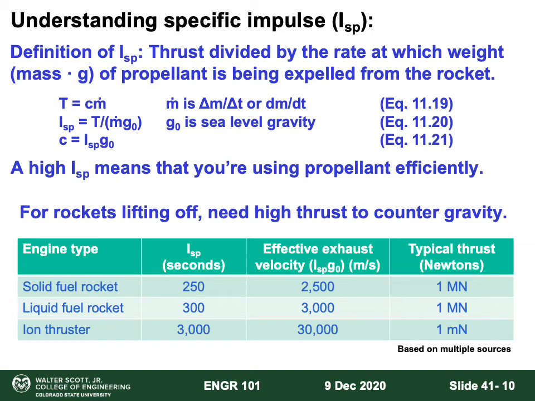So they are 10 to the 9th times less powerful, if you will. And so they are efficient but not powerful, which is why we can't use them to take off from the Earth. But they are used on things that are in space. When we have a spacecraft that's already left Earth, we can use this to send it to various different places. It just takes a long time for it to accelerate. Okay, that's a bit of a digression.